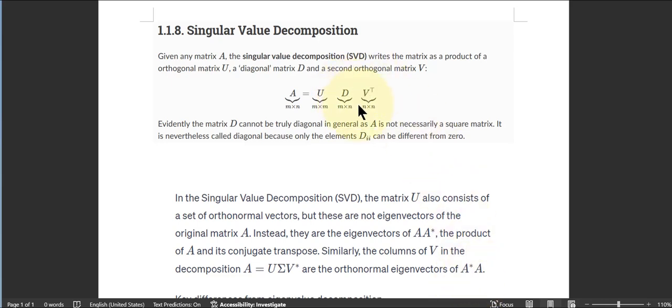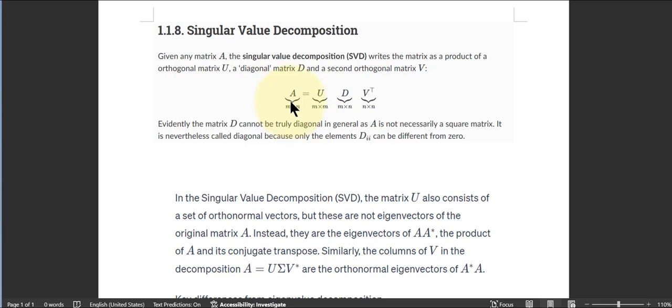Okay, so that's pretty complicated. But the main point is that we have a way to factor A. Before, it was a way only to factor A when it's symmetric, but this applies for every A. So that's more powerful, or at least it could be more useful than the eigenvalue decomposition.